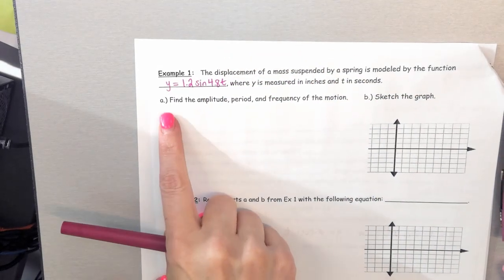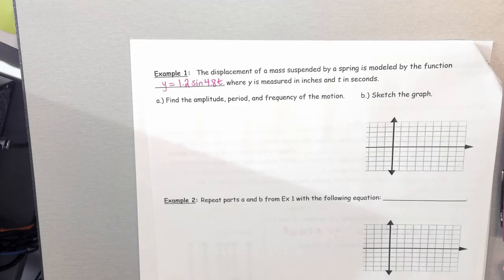Okay, I want you to go ahead and write down what your amplitude is going to be. So you write down your A, and you should also know how to find your period.